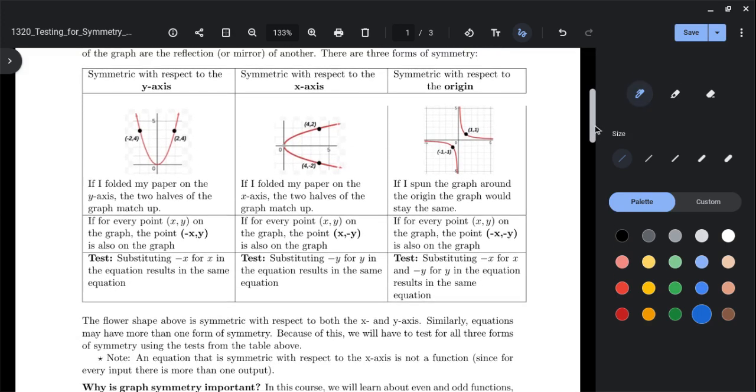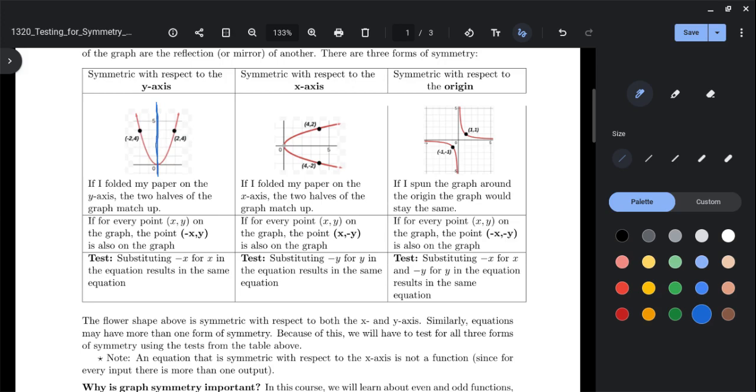There are going to be three forms of symmetry that we're going to look for, and here we have a table. The very first one that we're going to focus on is if we're symmetric with respect to the y-axis. Here I have a parabola drawn, and I've highlighted 2 points, (-2, 4) and (2, 4). If I were to fold my paper along the y-axis here, then these points would align perfectly with one another.